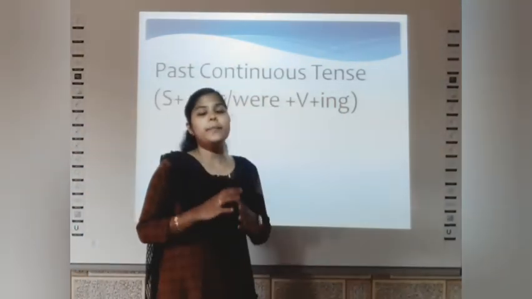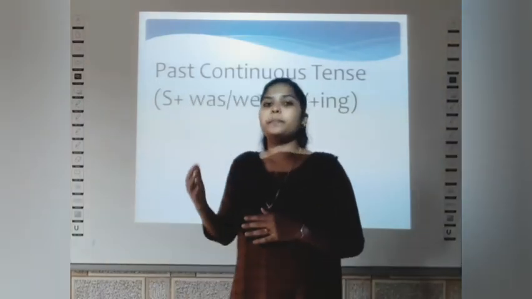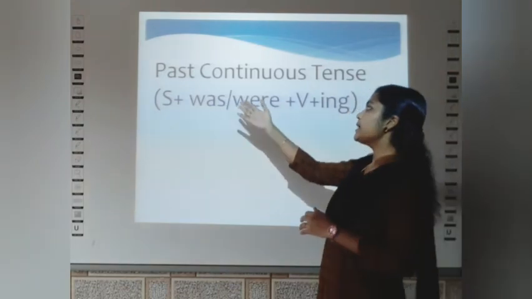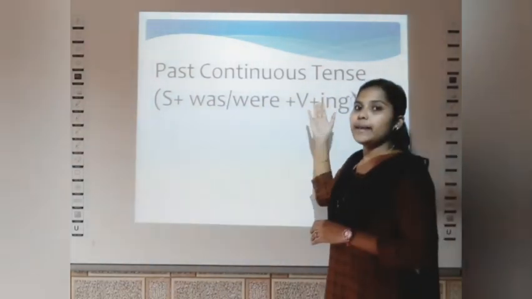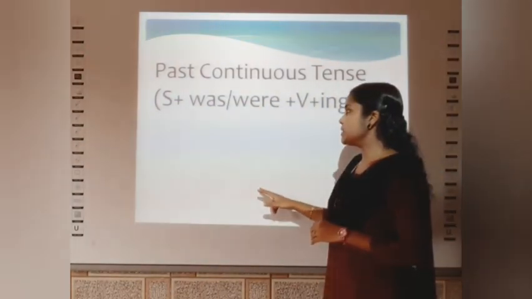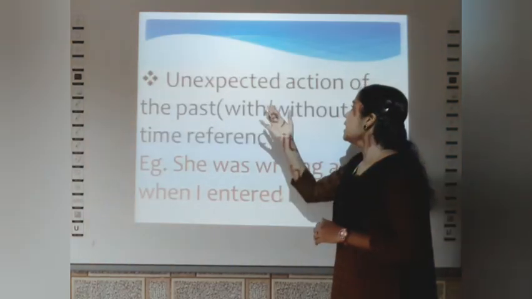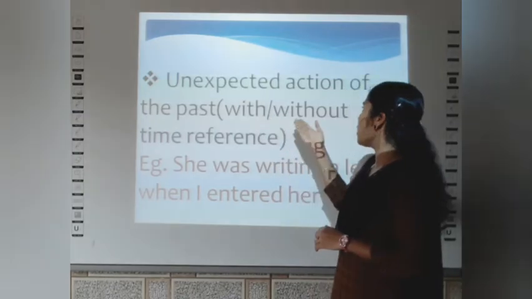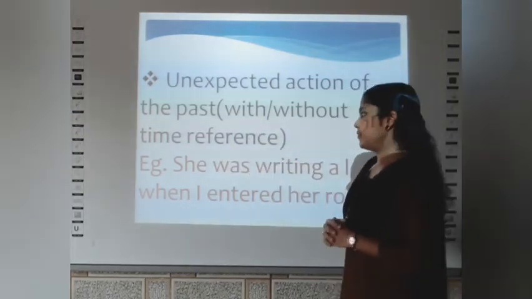Now come to past progressive tense or past continuous tense. The formula here is subject plus was or were plus verb in the ing form. It is used for an interrupted action of the past, with or without time reference.